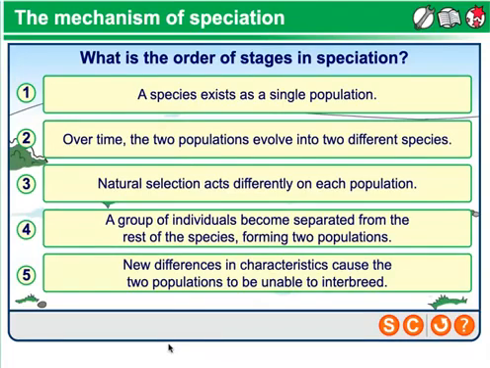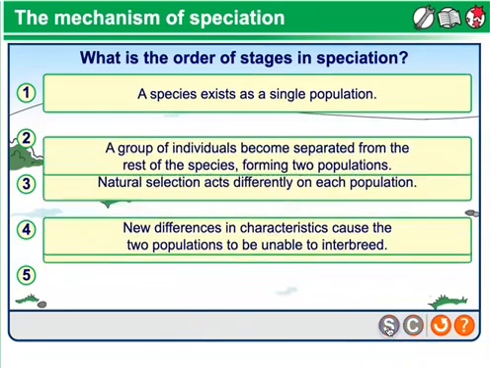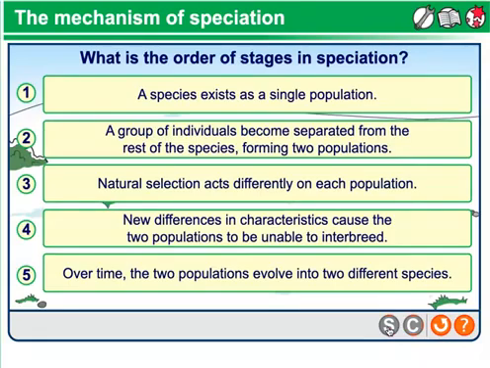So, the mechanism of speciation. Let's go back and review the order of stages in speciation. Number 1, a species exists as a single population. Number 2, a group of individuals becomes separated from the rest of the species, forming two populations.